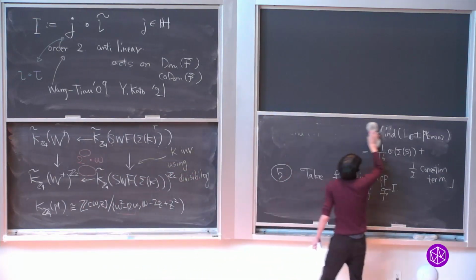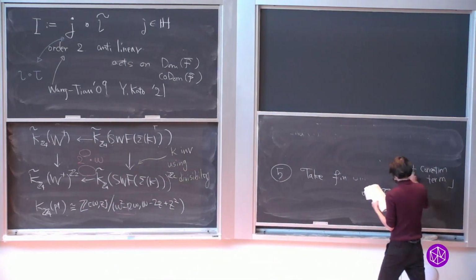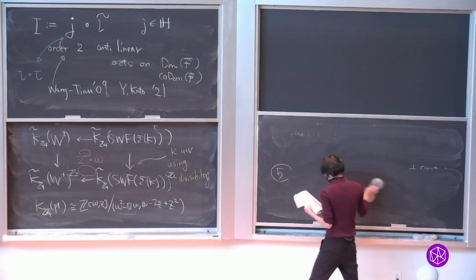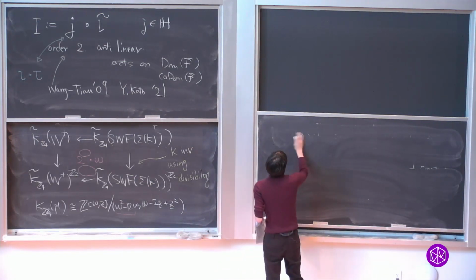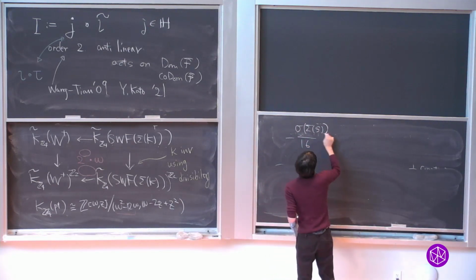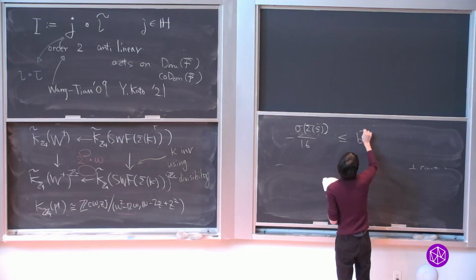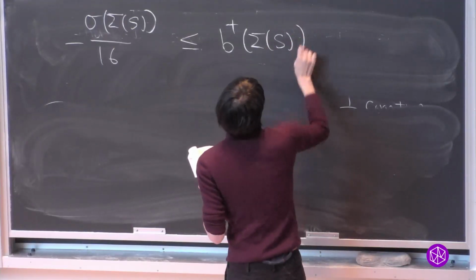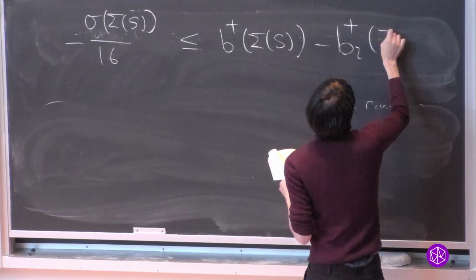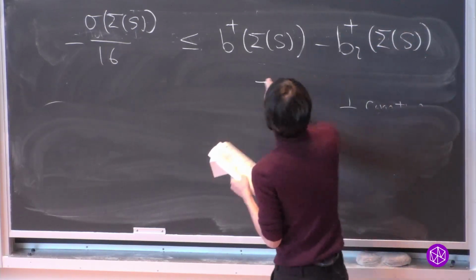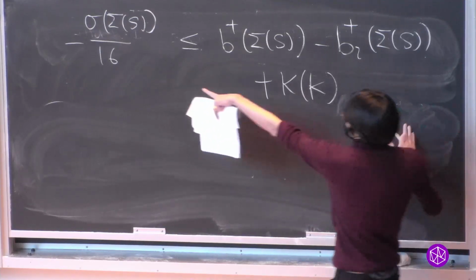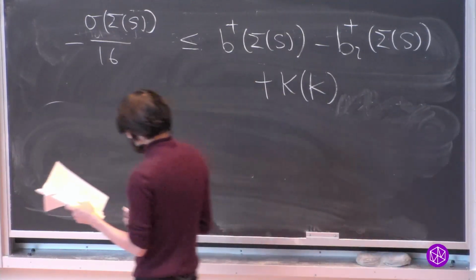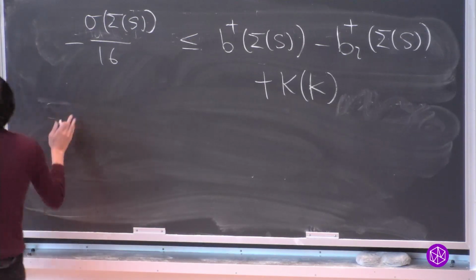So as a conclusion, the divisibility implies this inequality. This is a b plus part, and this is a signature Dirac operator part. And this is step 6.